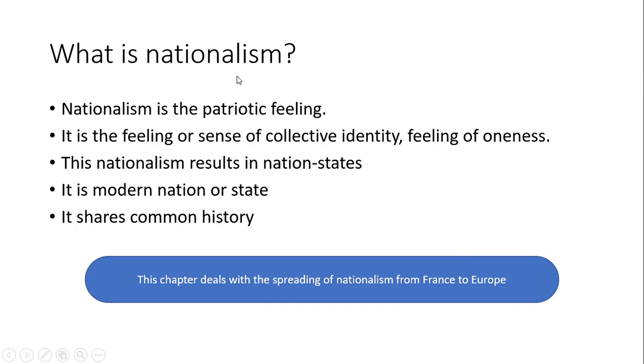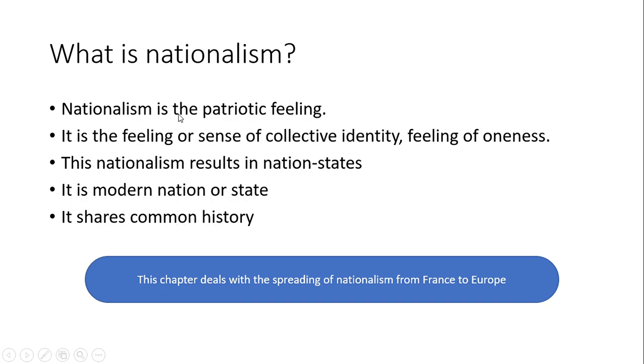What is nationalism? Nationalism is the patriotic feeling. It is a feeling or sense of collective identity, a feeling of oneness. So this nationalism results in nation states. It is a modern nation or state. It shares common history.